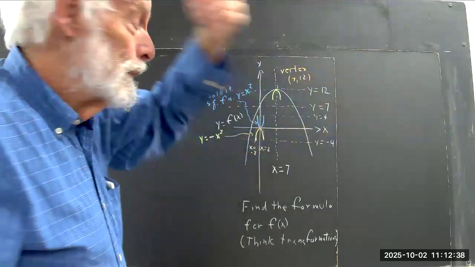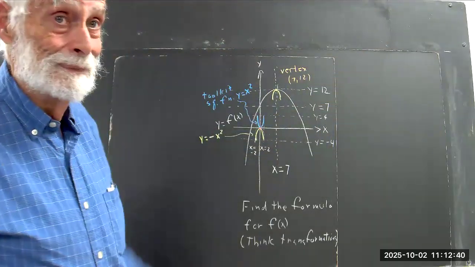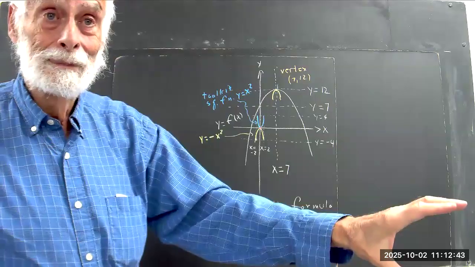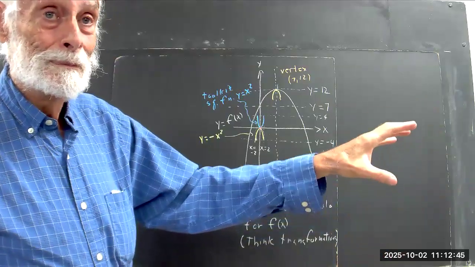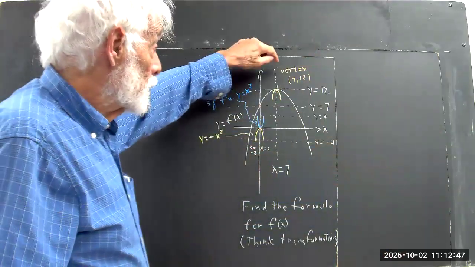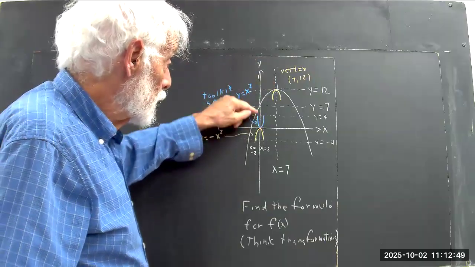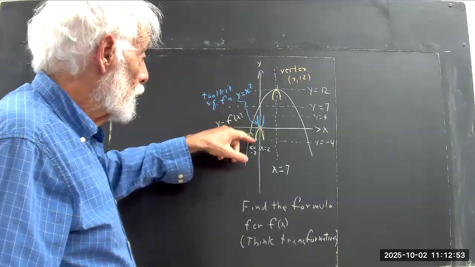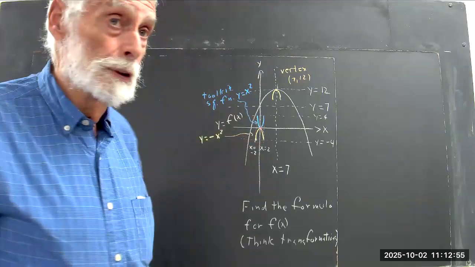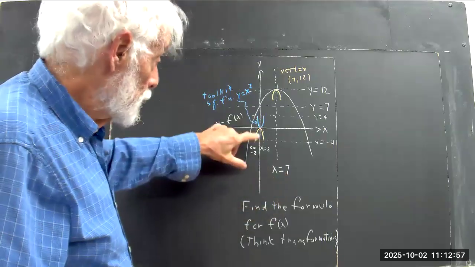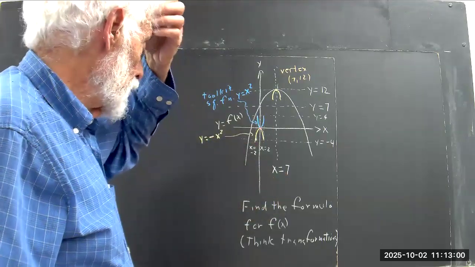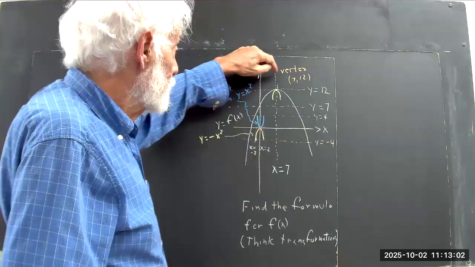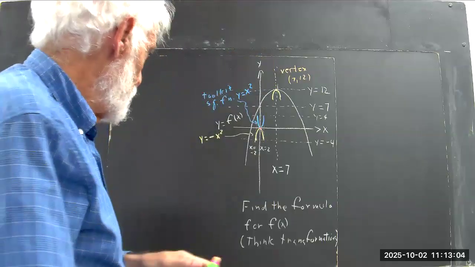But if any of you don't, that's what it's called. That's what we've been calling it for more than a month. This is the vertex of the toolkit squaring function, or the toolkit squaring function reflected about the x-axis. So up here, this is the vertex.